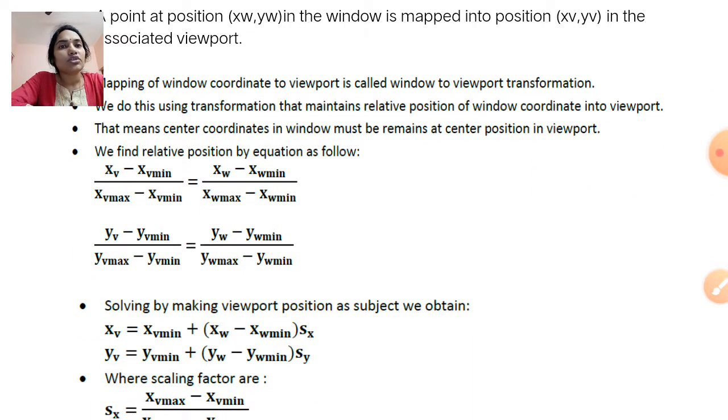So the equation is (xv minus xv min) by (xv max minus xv min), where xv means x viewport and xv max means the x viewport max value minus the x viewport min value, equals (xw minus xw min) by (xw max minus xw min), where xw means x window and xw max means the x window max value minus the x window min value.